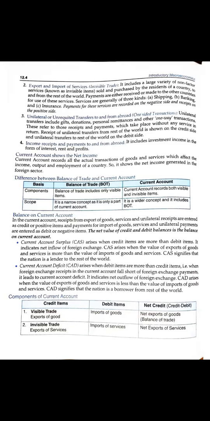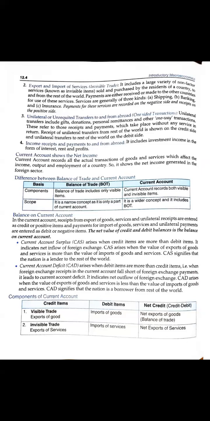Okay. So the balance on current account. In the current account, receipts and exports of goods and services and related receipts are entered as credit or positive items, and payments are entered as debit or negative items. So the net value of credit and debit is the balance of the current account.